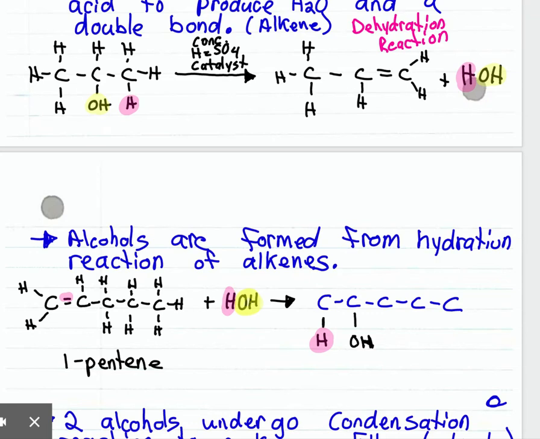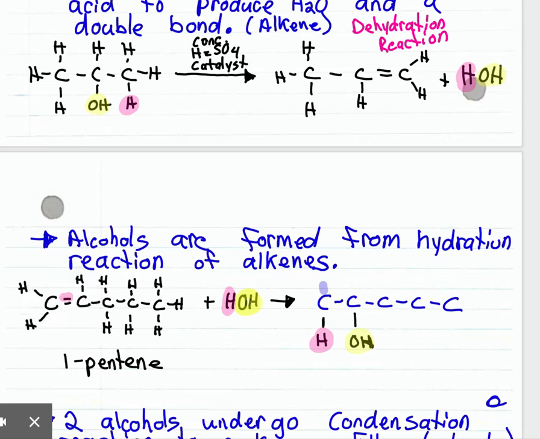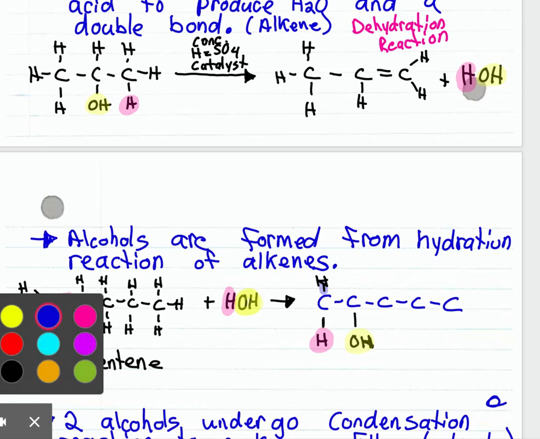And again, you have to remember that Markovnikov's rule for the rich get richer. So the carbon that already has the most hydrogens is going to get the hydrogen in a hydration reaction, and you know this already. I just want to add my hydrogens because it'd be really bad communication if I did not.